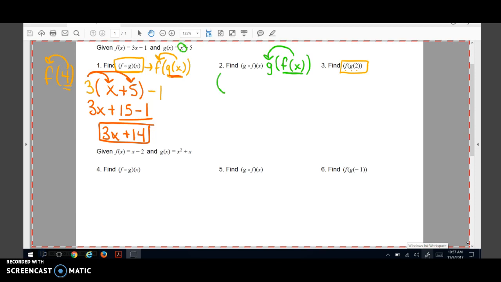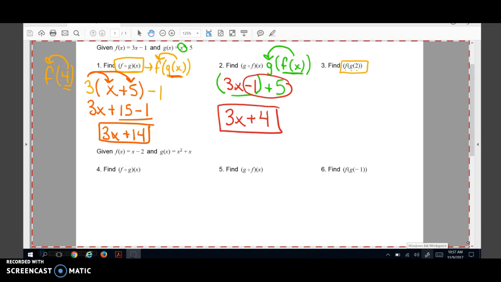So instead of writing x, I'm going to substitute in f, and I have that plus 5. Substituting in my f function, I have 3x minus 1. Again, we always want to look to see if this is going to simplify. So we have 3x minus 1 plus 5. Here I can combine my like terms, and I get 3x plus 4 as my final answer.